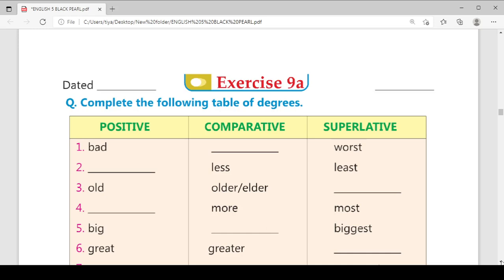What are the degrees? Bad, worse, worst.